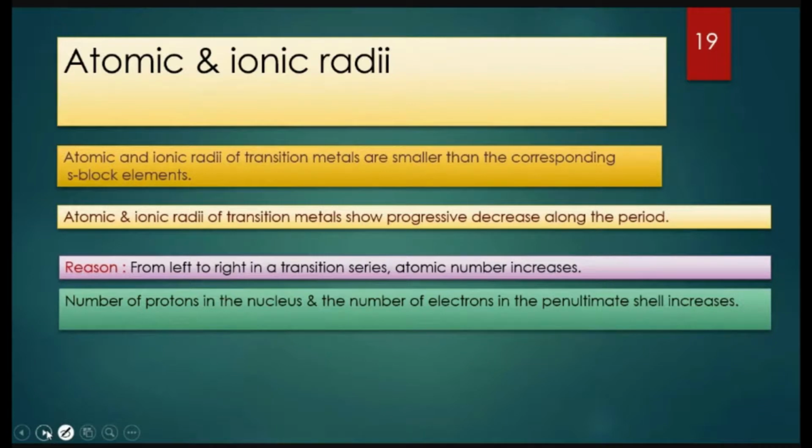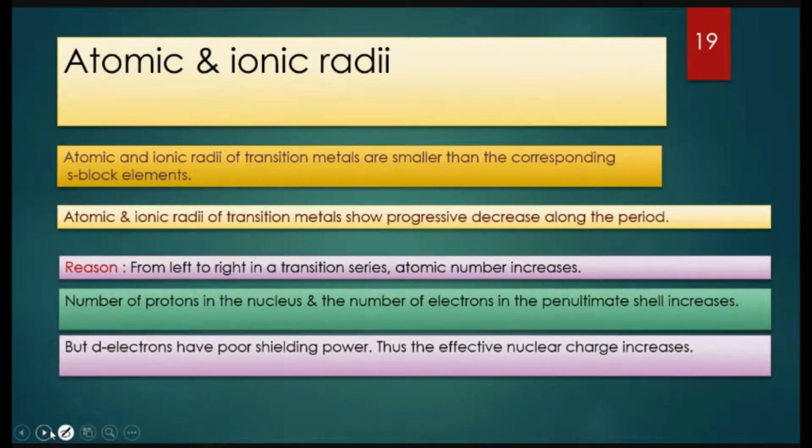If the number of protons increases, consequently the number of electrons in the penultimate shell also increases. Penultimate shell means the shell or energy level which lies just before the outermost shell. So we will see an increase in the electrons there.